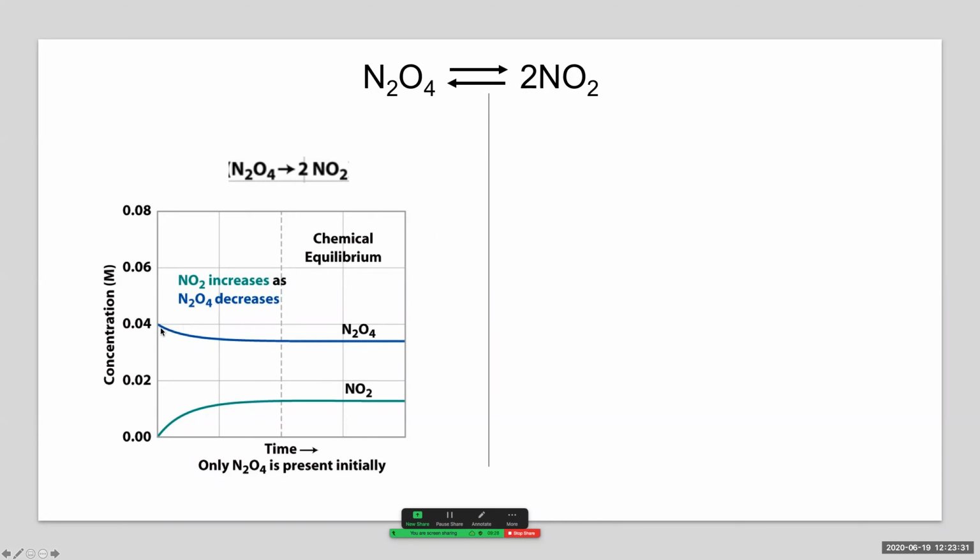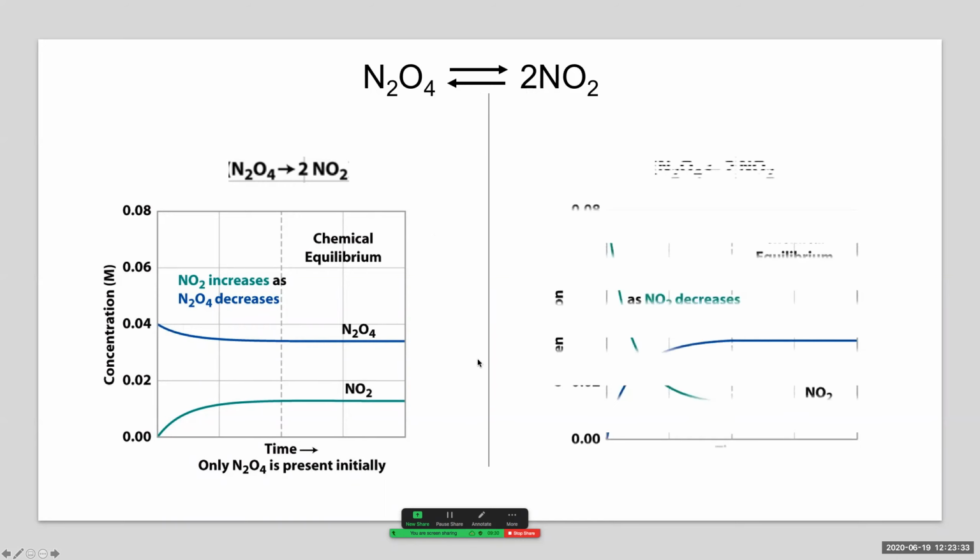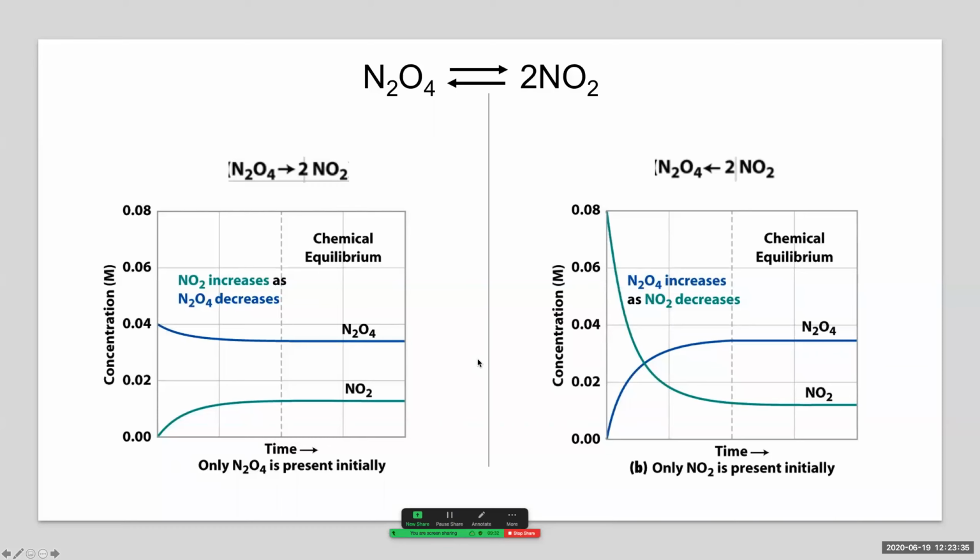Now, let's look at another situation. Let's look at the situation where we start with NO2. That would be the reverse reaction. So it shows the reverse arrow here, NO2 going to N2O4. And remember on the left side, when we started with N2O4, we started with 0.04 moles per liter.